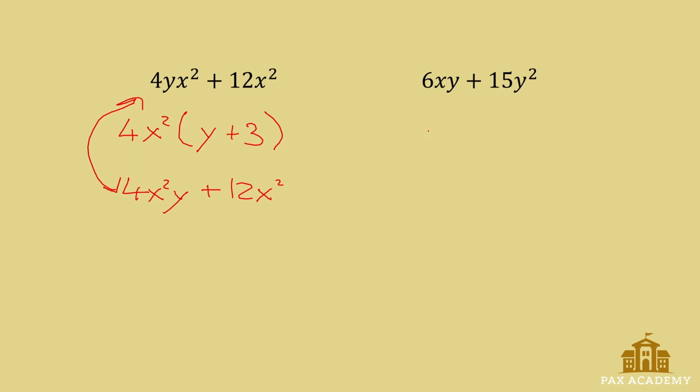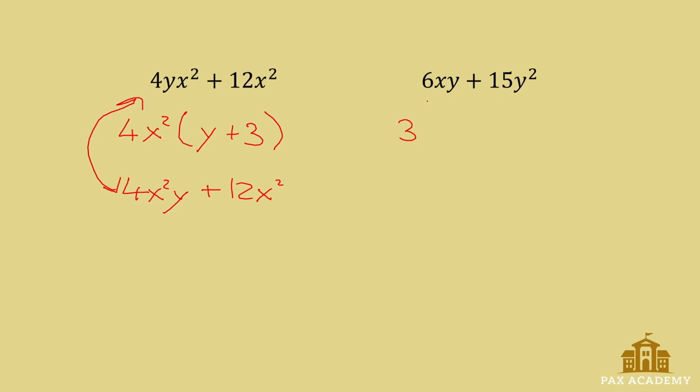And finally, 6xy plus 15y squared. The highest common factor for the numbers here is 3. Then there's only one x in one term, so there's no common factor, so we don't need to take anything out. And then for the y's, the first term has 1y, the second term has y squared.